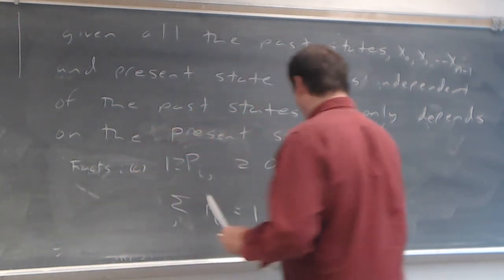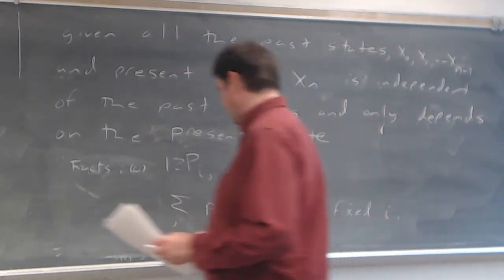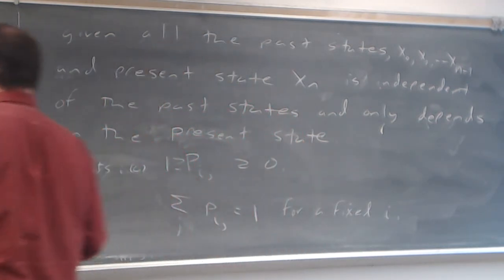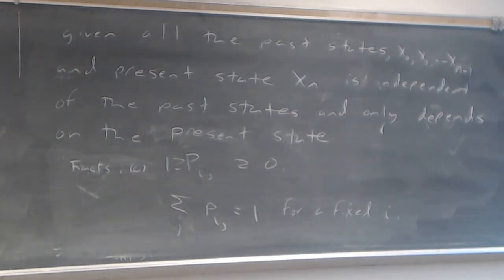And this is true for all i. But if you fix an i, you let j run, you look at those sums of transition probabilities, you've got to get 1.